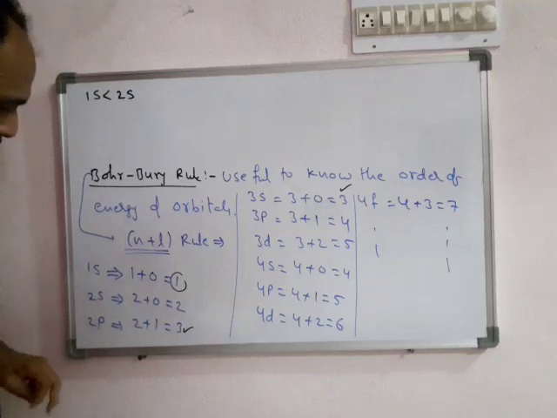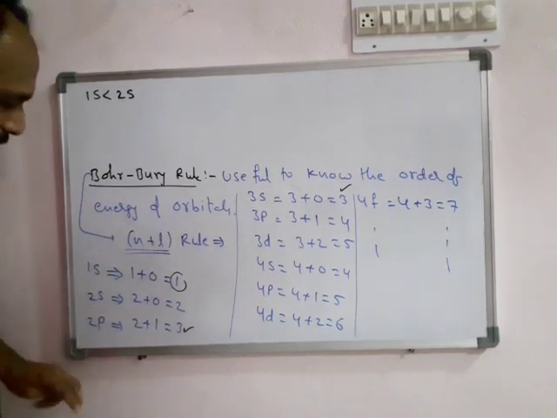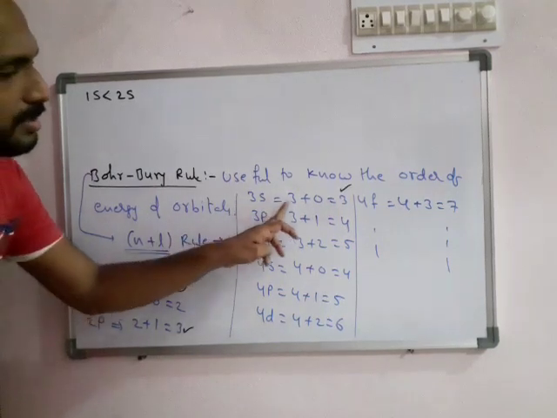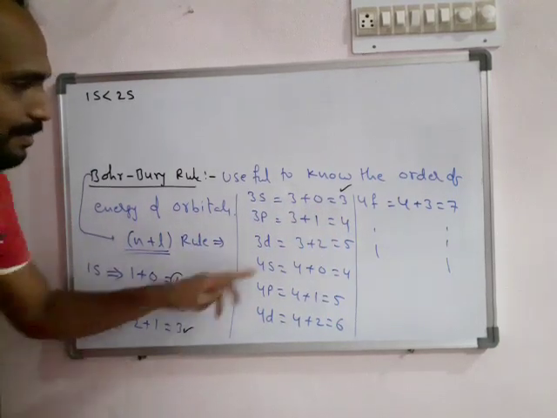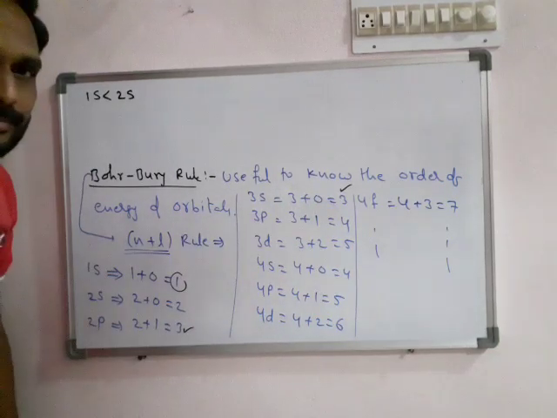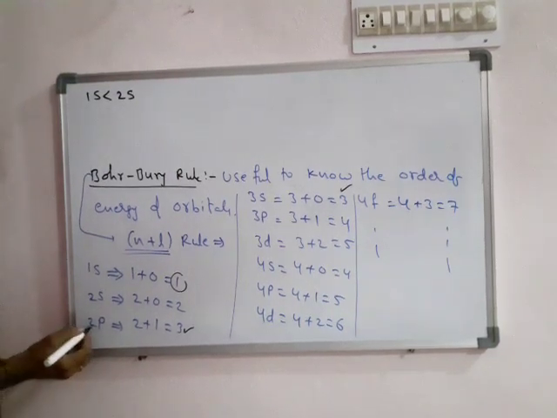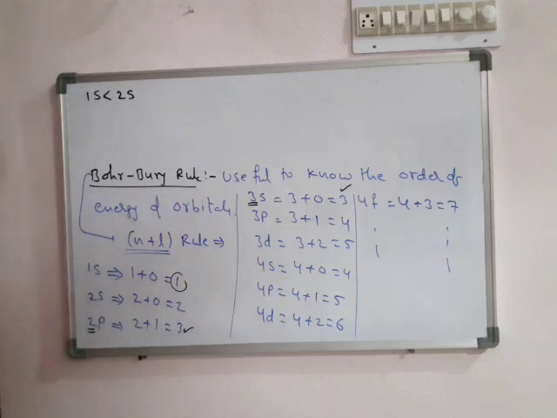But now the problem becomes at 2p and 3s. 2p has n plus l value 3 and 3s also has n plus l value 3. Both have the same number of units. At this time we need to give importance to the n value.